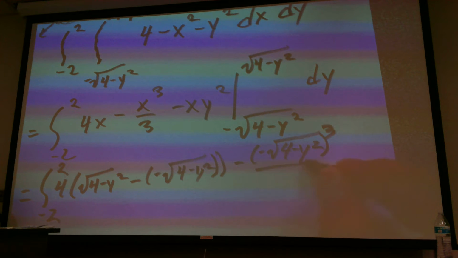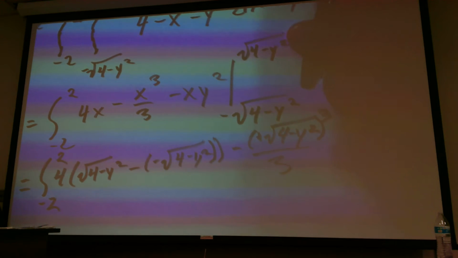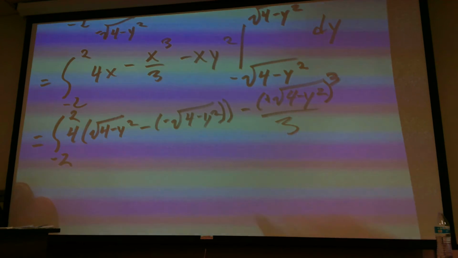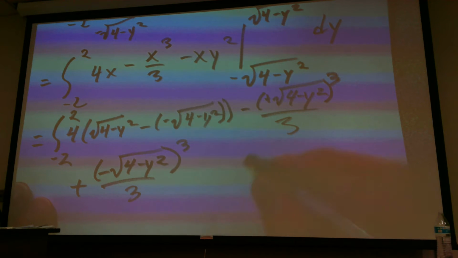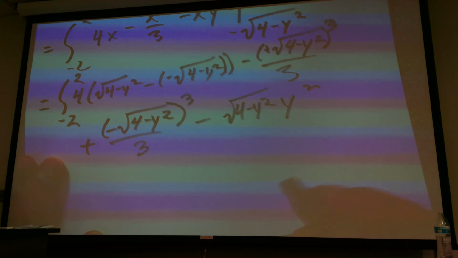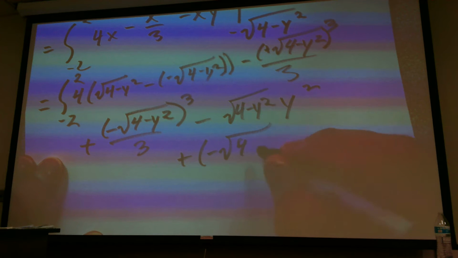And then minus negative root 4 minus y squared cubed divided by 3, sorry, that's positive. And then minus, no, that would turn into a plus, and then that would be a negative root 4 minus y squared cubed divided by 3, and then minus root 4 minus y squared times y squared, and then plus negative root 4 minus y squared times y squared.